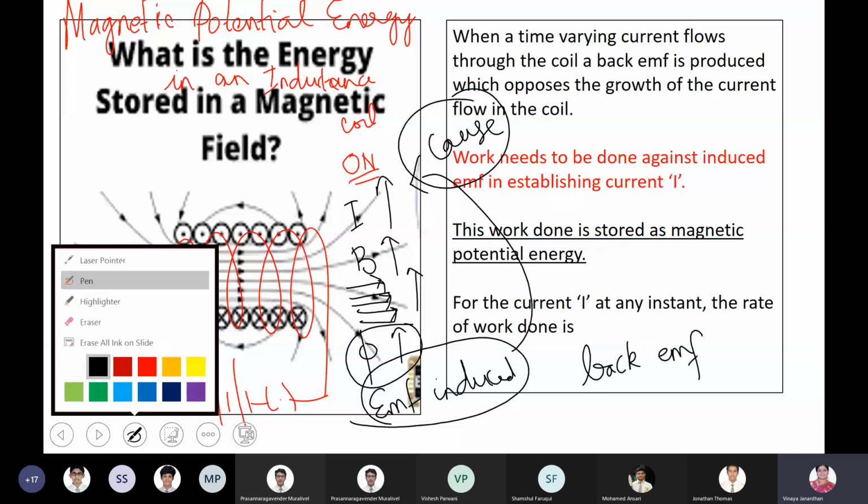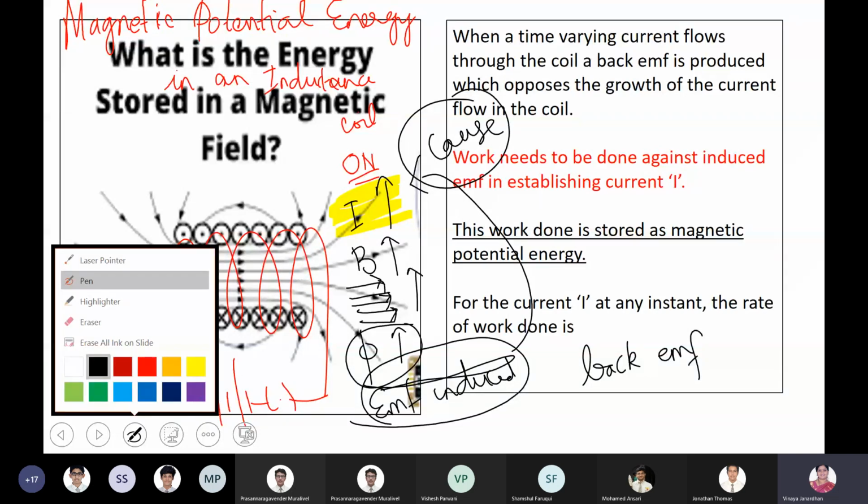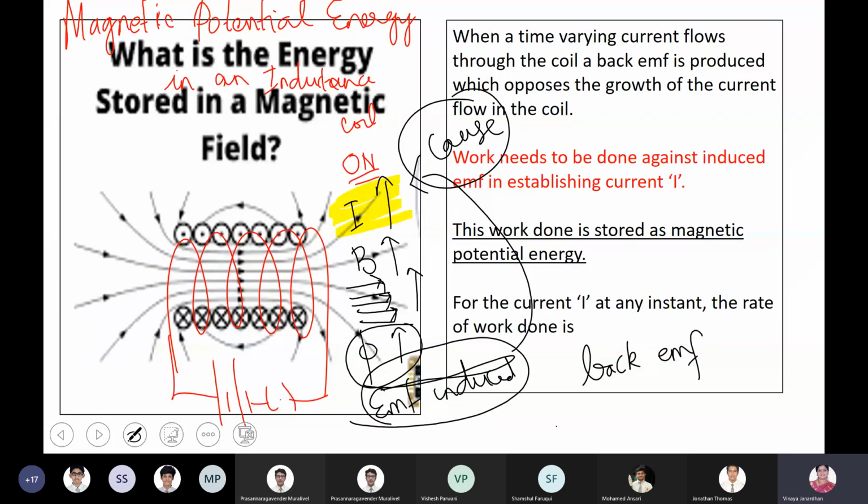The cause is the increasing current in the coil. The moment you switch on the circuit, the current flowing through the coil increases, and this increase in the current is the cause for the EMF induced. So the induced EMF will not allow the current flowing through the coil to increase.